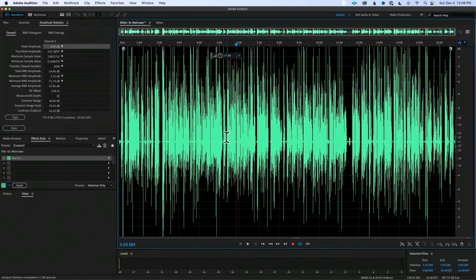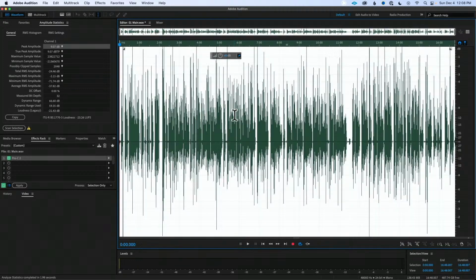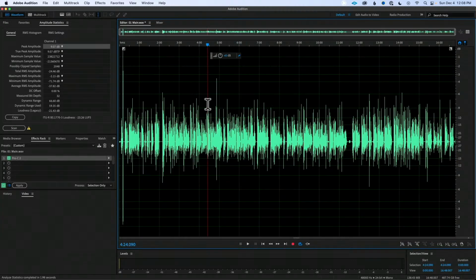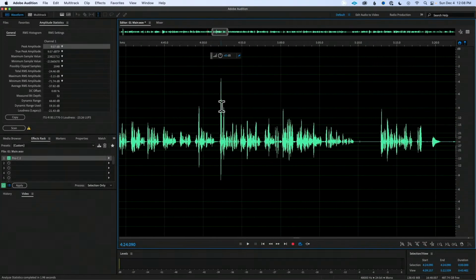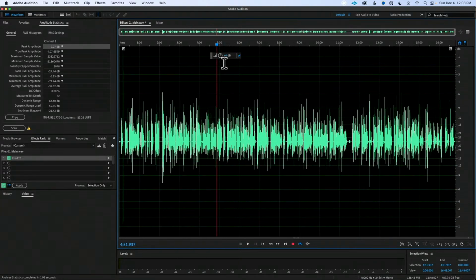Now, there's actually a nuance here that I didn't explain. The measurement is actually stereo. In this case, we're using a mono file to demonstrate this. So yes, I know for those that are very particular, that wasn't the perfect example, but nevertheless, the idea is that with compression, I want to be able to manage some of these transients, maybe push them down a little bit so that when I boost the overall levels, I won't have all that clipping and I'll be able to achieve my loudness target.